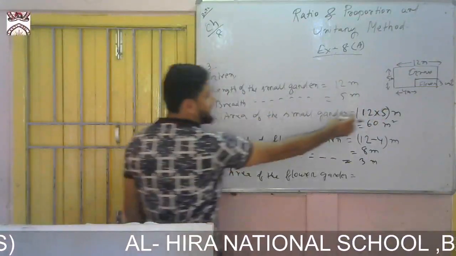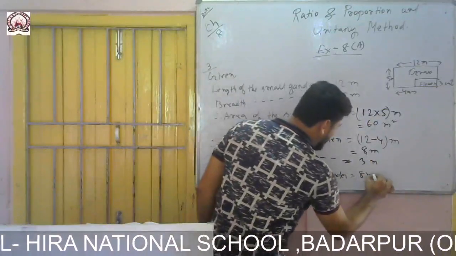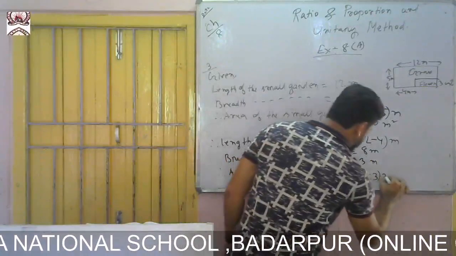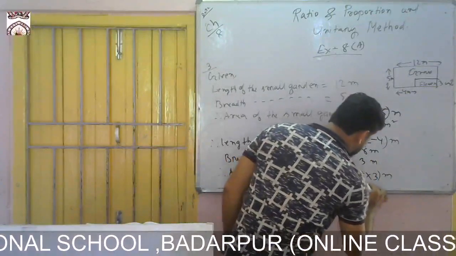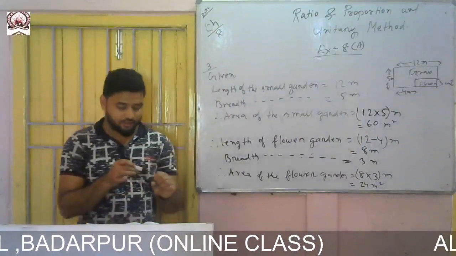Here length is 8, breadth is 3 meter. So it will be 24 meter square.